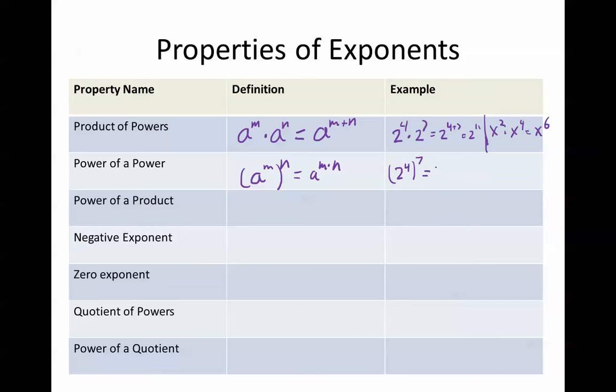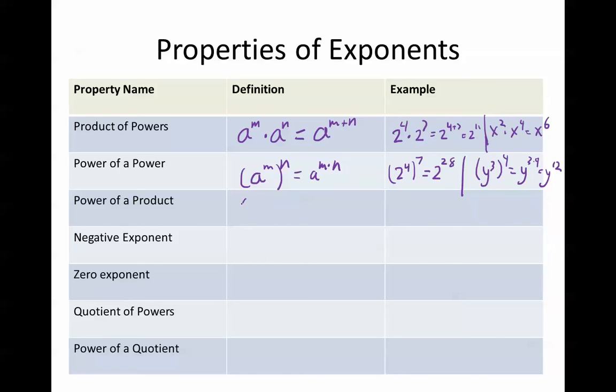This would be 2 to the 28th power, because that's what 4 times 7 would be. Again, with variables, if we had y to the 3rd, to the 4th power, that would be y to the 3 times 4, or y to the 12th, because I'm multiplying the 3 and the 4, right? Power of a power, I multiply these together.